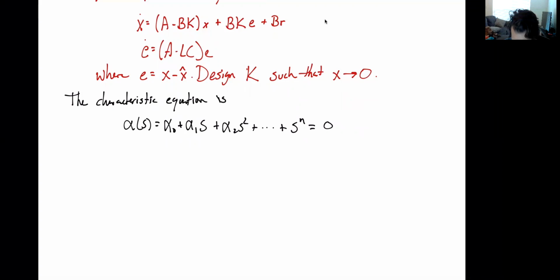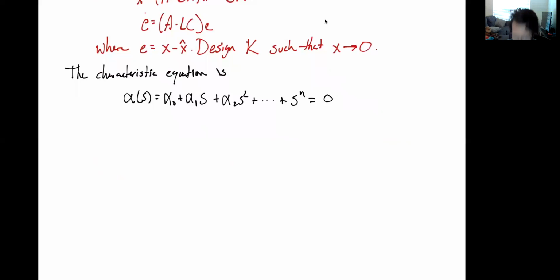Okay, and so now this is representative of the eigenvalues of our system. So now we can choose the eigenvalues of our system. That gives us a characteristic equation, and then we can pick K such that the characteristic equation holds.